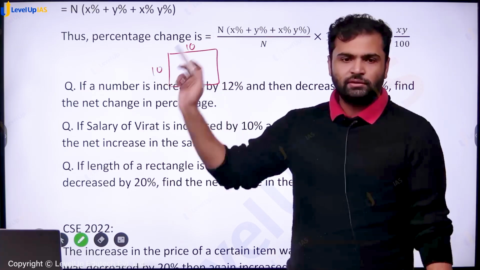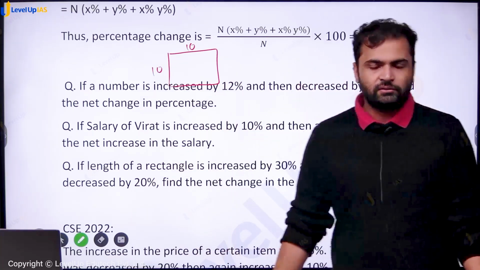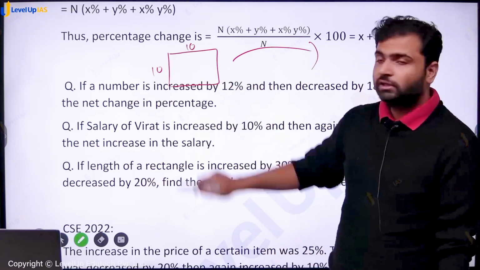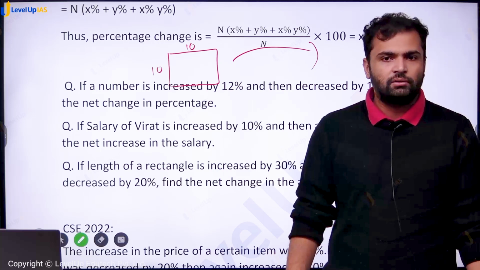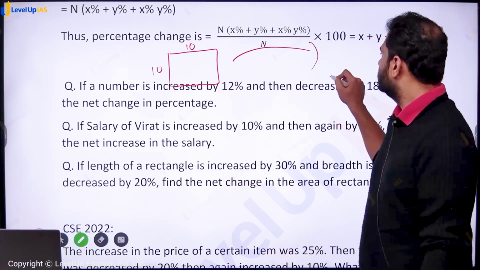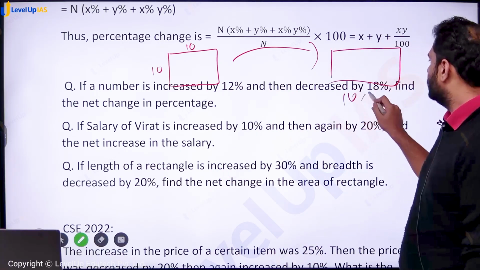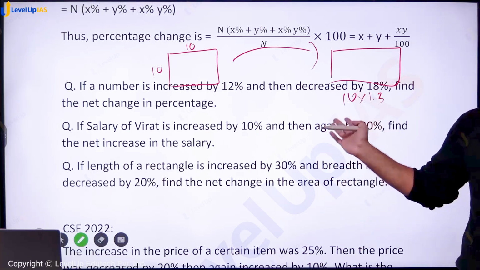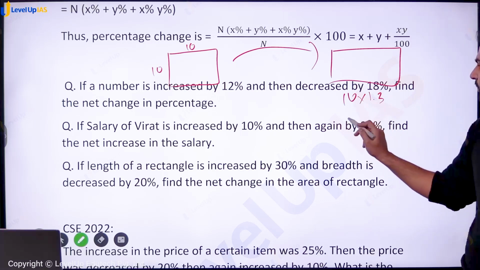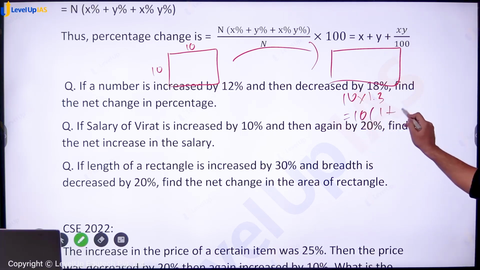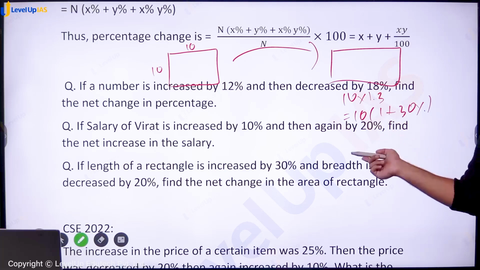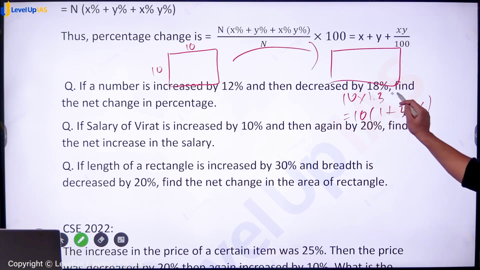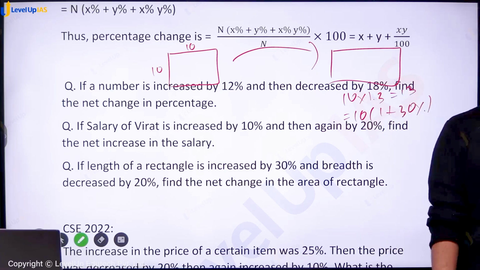Fine. The initial area is 100. Now the length is increased by 30%. A 30% increase in 10: the new length would be 10 into 1.3, right? 1 plus x percent, 1 plus 30%. 30% is nothing but 0.3, so 1 plus 0.3 is 1.3. 1.3 into 10 is 13.